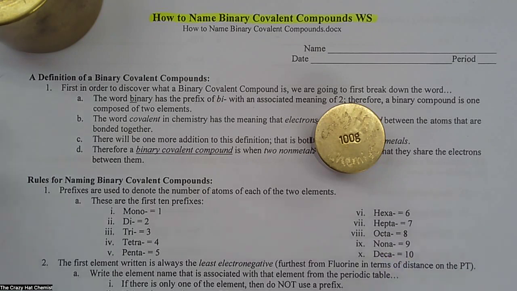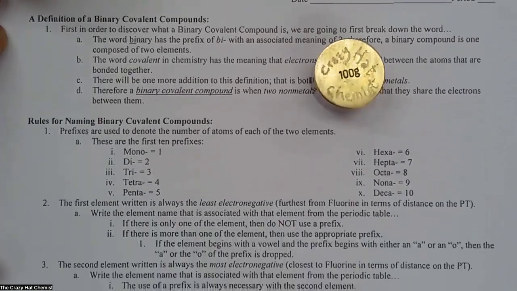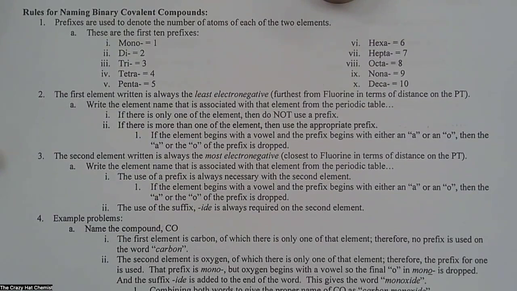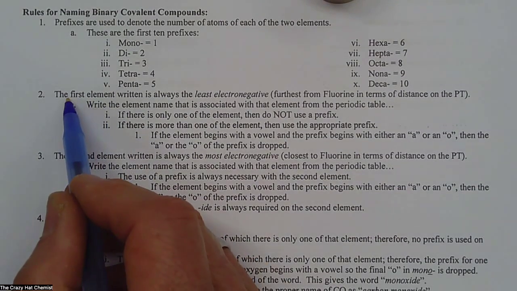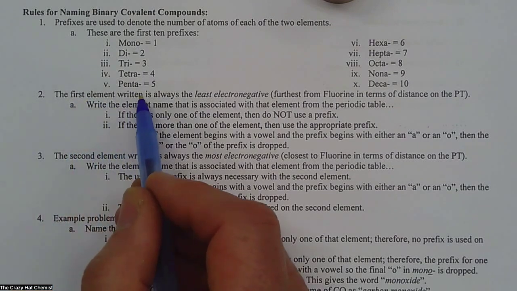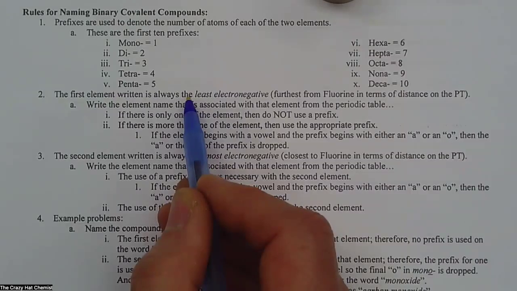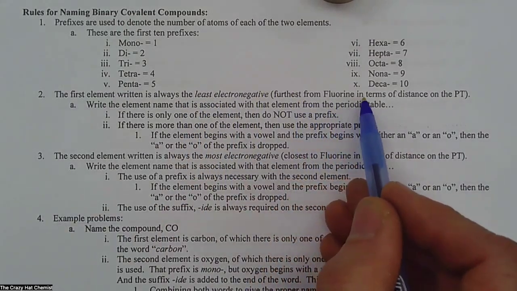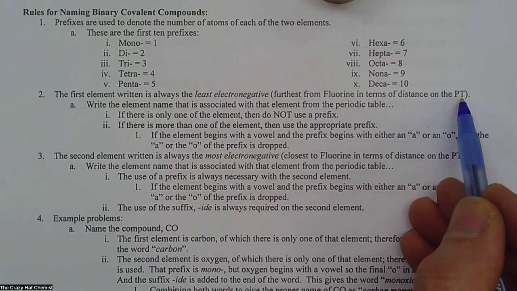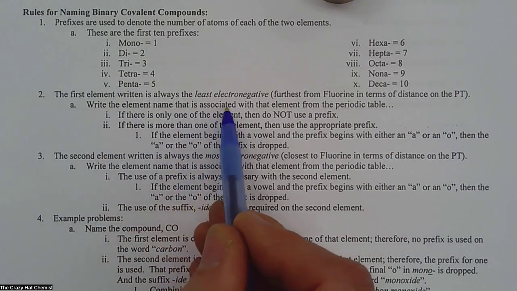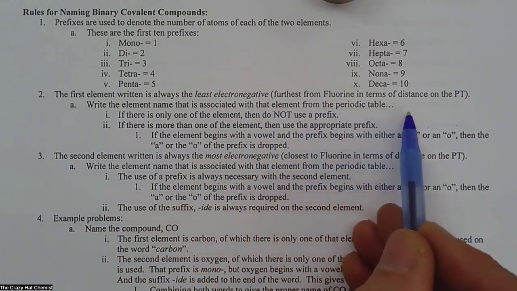All right. So we're going to scroll this on up here and continue with our set of rules for naming binary covalent compounds. The second part of this rule: the first element is always the least electronegative. That is the furthest from fluorine in terms of distance on the periodic table. You're going to write the element name associated with that element from the periodic table.